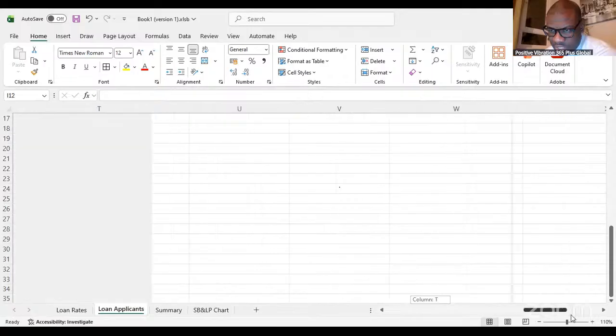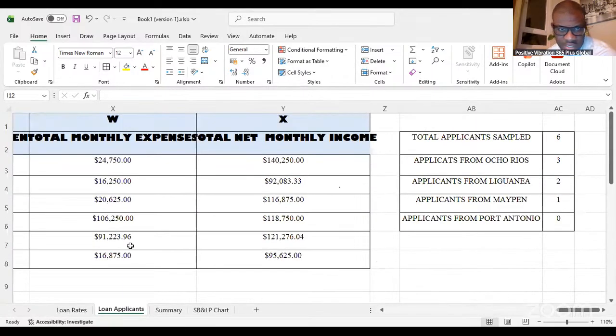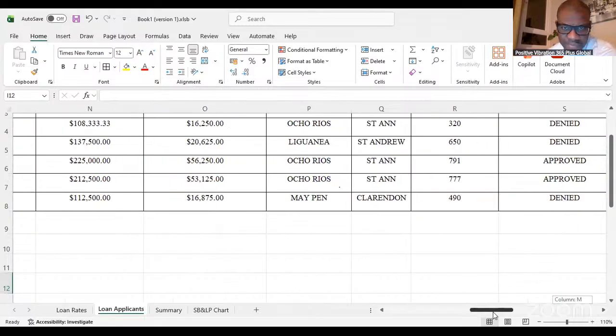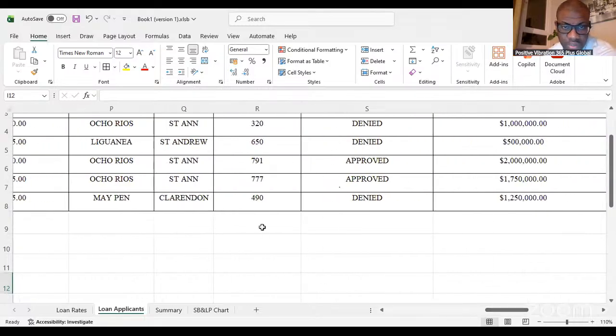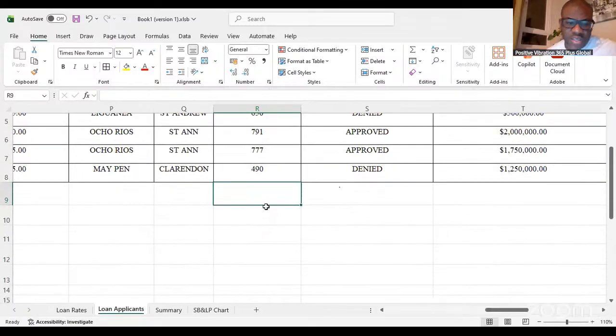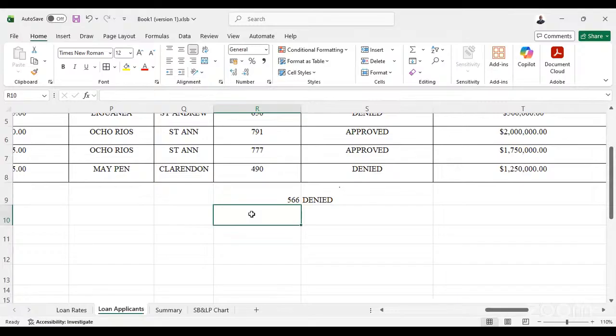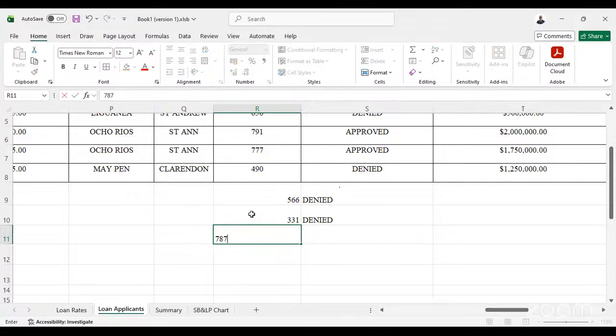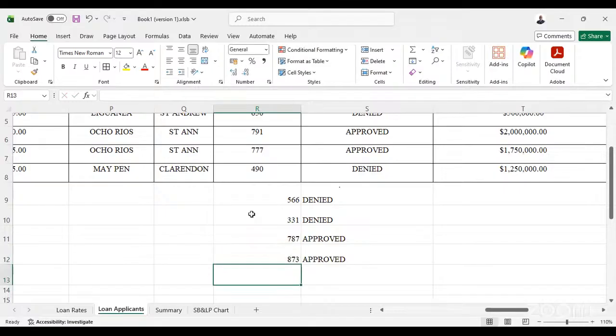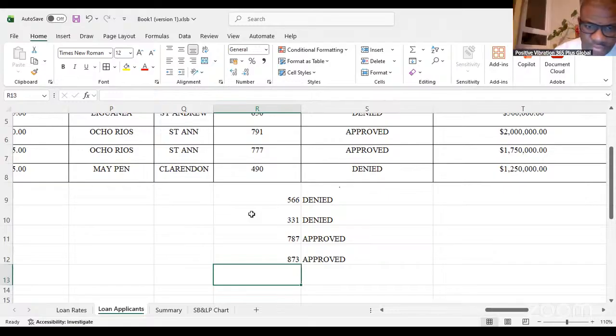I think we need to put in some money, because you're going to need to be able to approve them. Definitely going to need this. All right, just give me some numbers there. 331. 787. 873. 951.